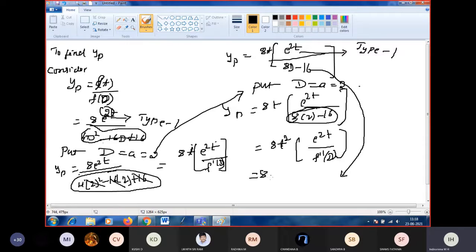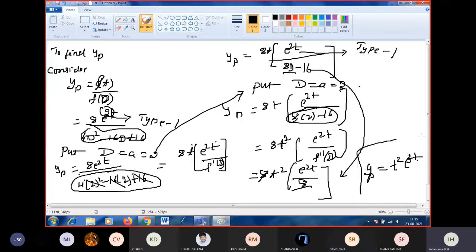So 8t square into e power 2t divided by what? The differentiation of 8D is 8 alone. Minus 16, differentiation of 16 is 0. So 8 and 8 cancel. Therefore, what is our YP? t square e power 2t. That's it. All of you are clear in finding YP?